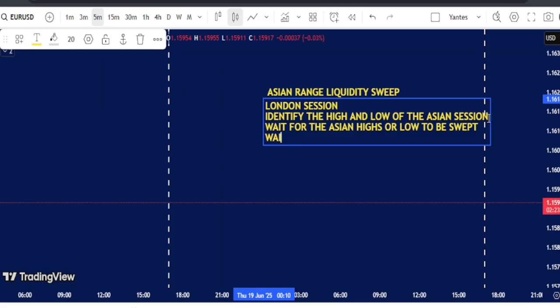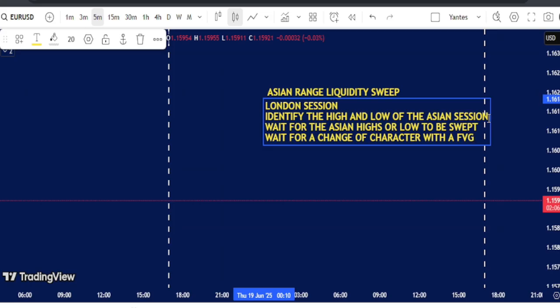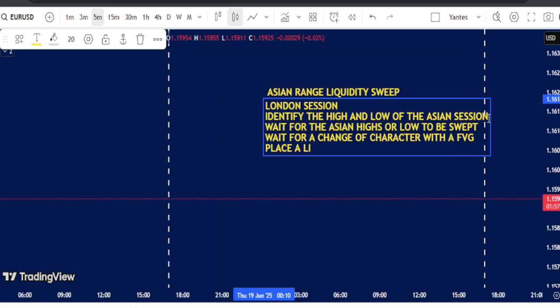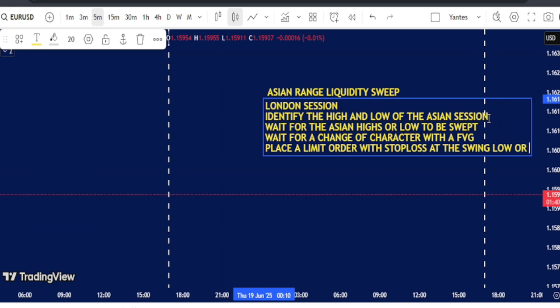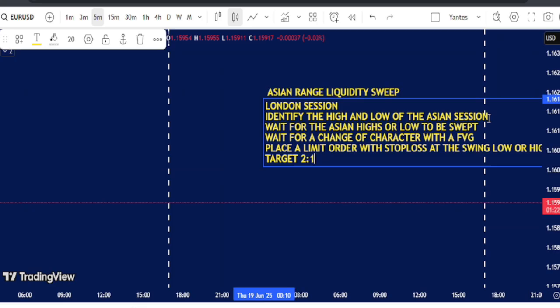Then wait for a change of character with a fair value gap, then place a limit order with stop loss at the swing low or high, then target 2:1 RR.